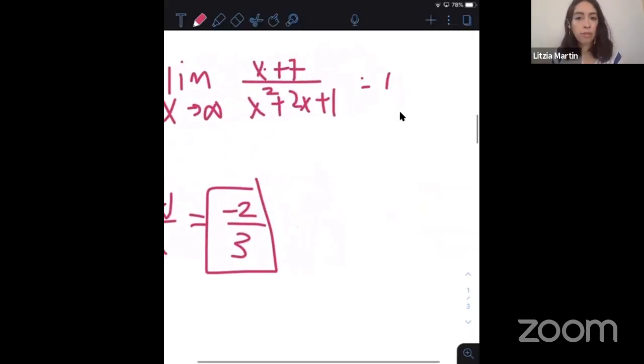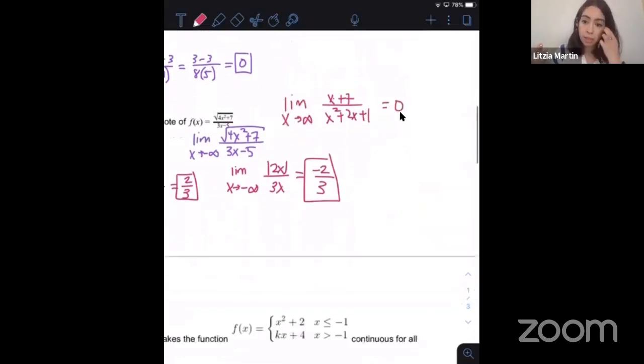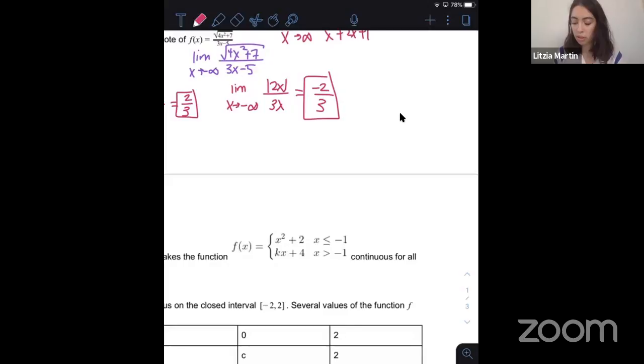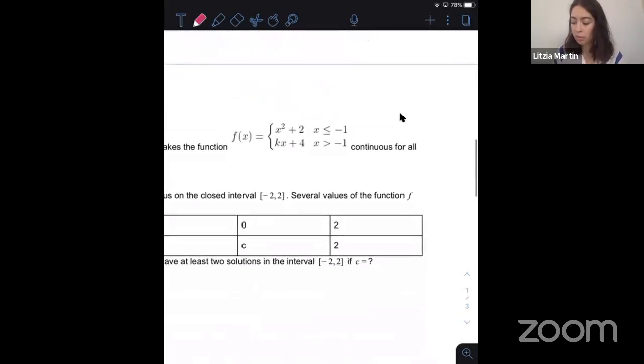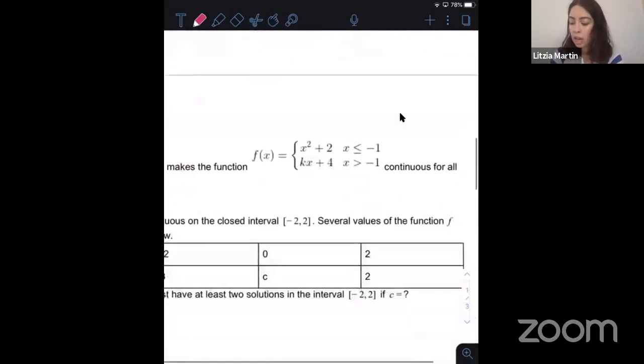So make sure you go over those rules again. Bottom heavy is 0. Same degree is the ratio of the leading coefficients. Top heavy, it's going to be either positive infinity or negative infinity, depending on what you get when you plug in positive or negative values, kind of like what we saw here. So that is horizontal asymptotes.